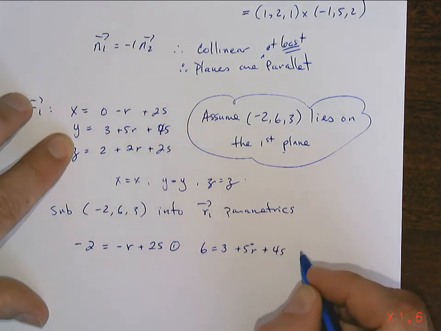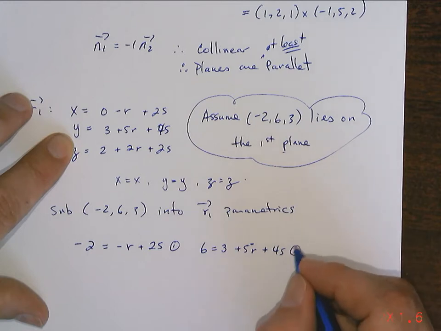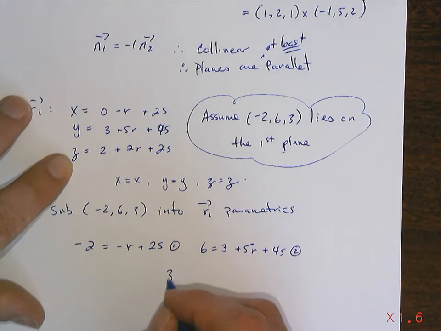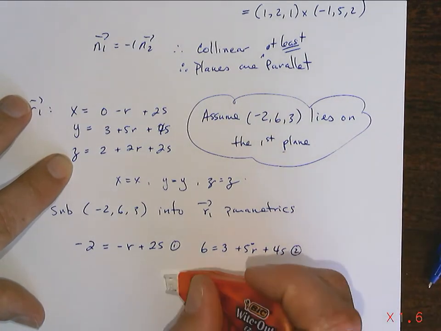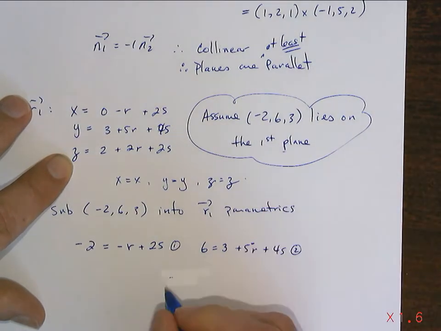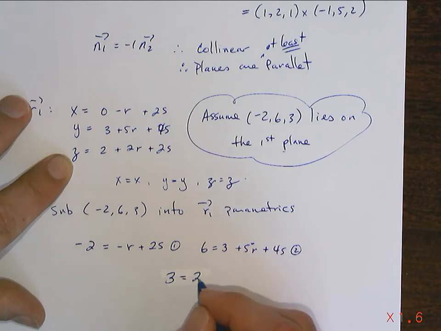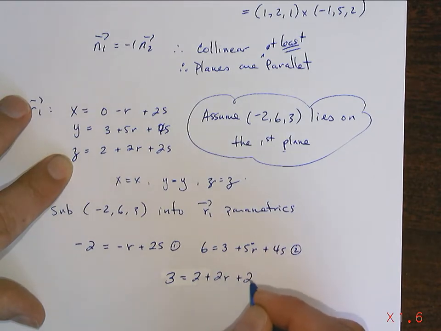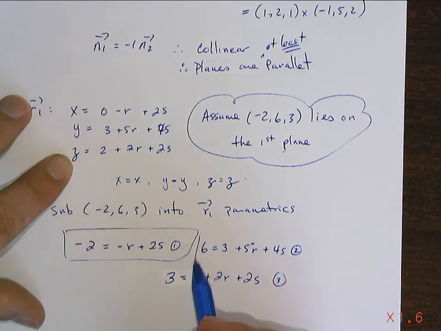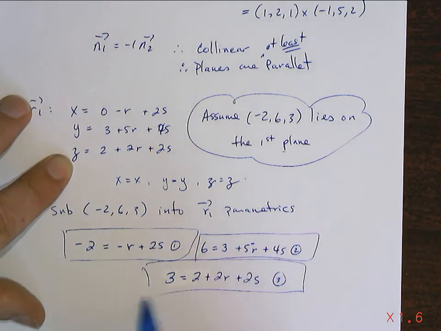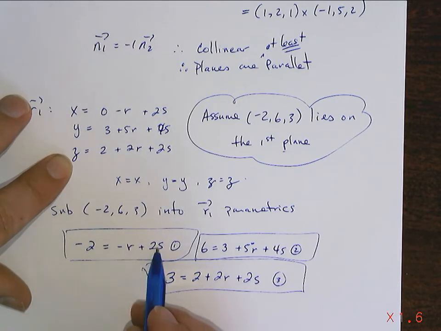Careful with what your r's and s's are. My third equation: I have a value for z. It's 3. 3 equals 2 + 2r + 2s. Those are your three equations. They're what I call my elimination equations. We can make them look nicer. Let's make r positive and s negative.